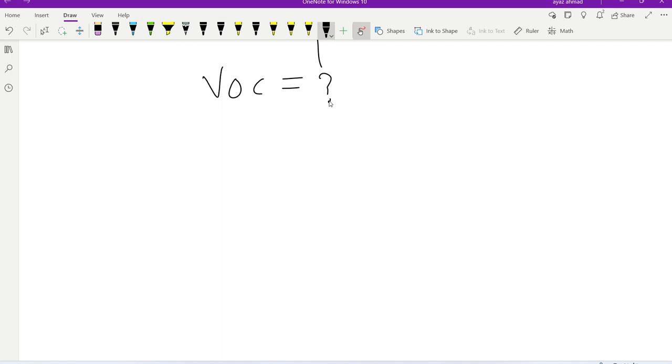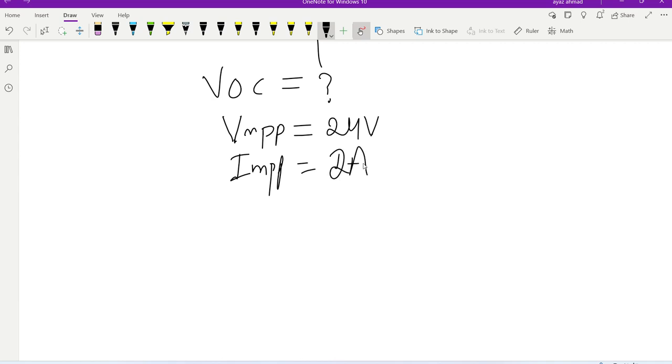So let's suppose VMPP is 24 volt, IMPP is equal to 2 ampere, ISC is equal to 3 ampere.